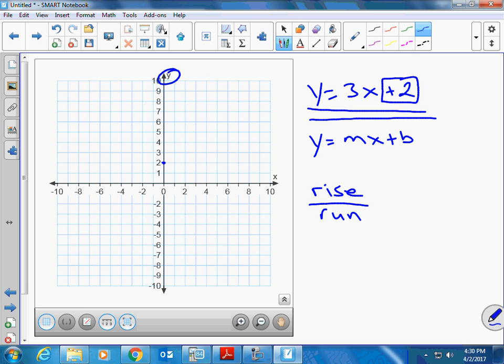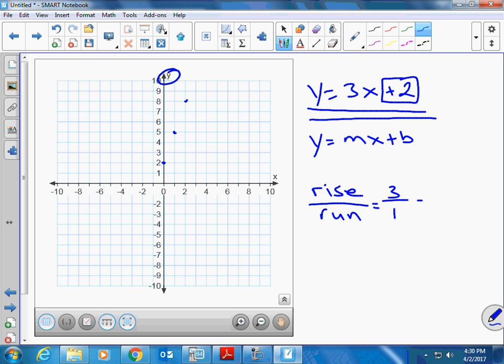Okay. Notice slope is a fraction. It's rise over run. So 3 as a fraction is 3 over 1. That tells me from 2 I count up 1, 2, 3 and over 1. I can do that again, 1, 2, 3 and over 1, and I can keep doing it as many times as I want.